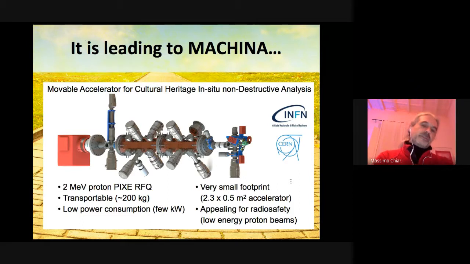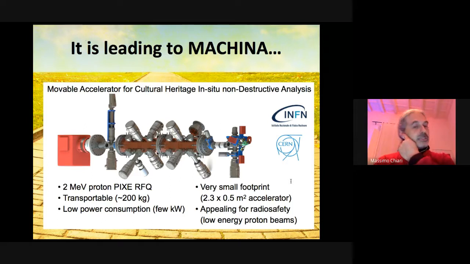Indeed, there will be also a not negligible weight of the ancillary equipment, like, for example, the cooling system, the system to produce the high frequency, and so on and so forth. But it is indeed transportable. Low power consumption, meaning that it can be plugged into a main, also in a museum.